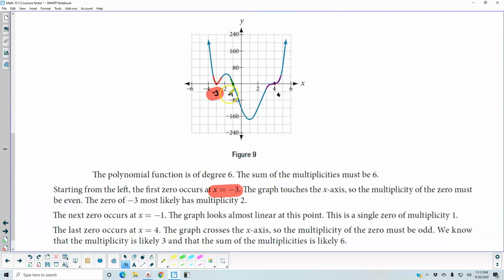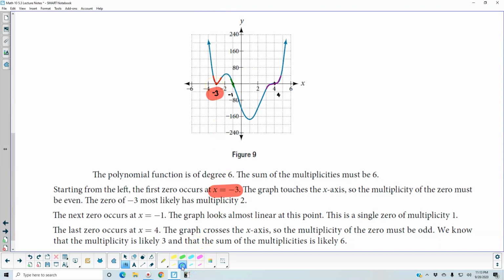So the graph touches the x-axis, so the multiplicity of the zero must be even. The zero of -3 most likely has multiplicity of 2 because it bounces off, and it's not as flat here at the value of -3.